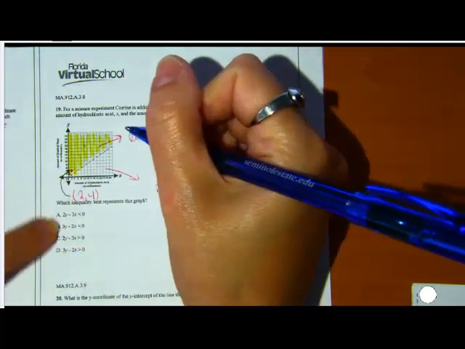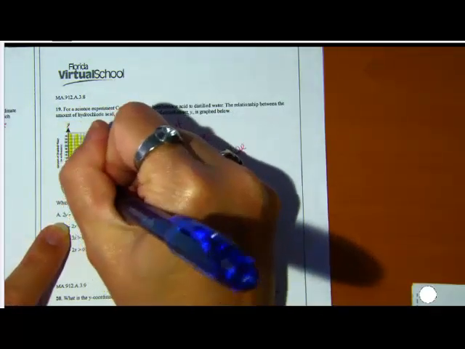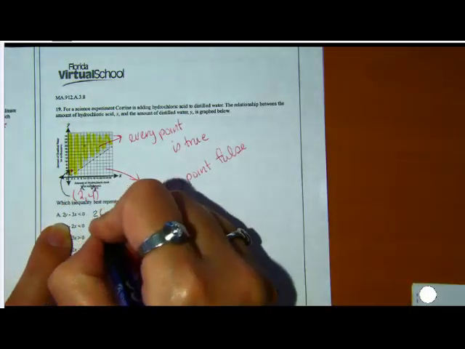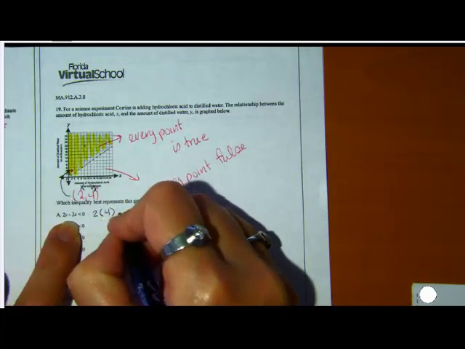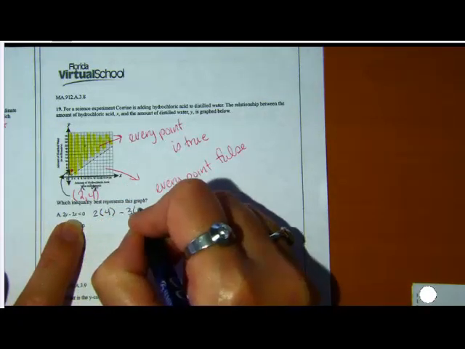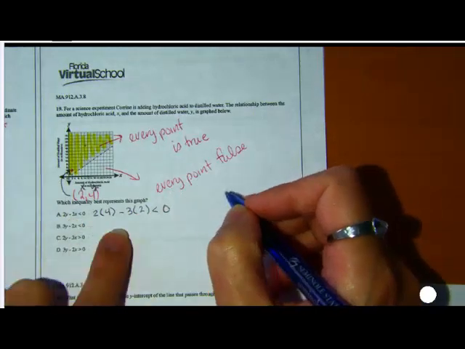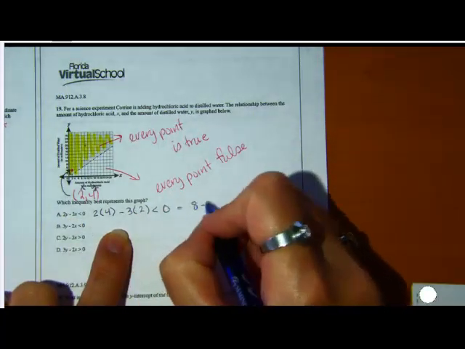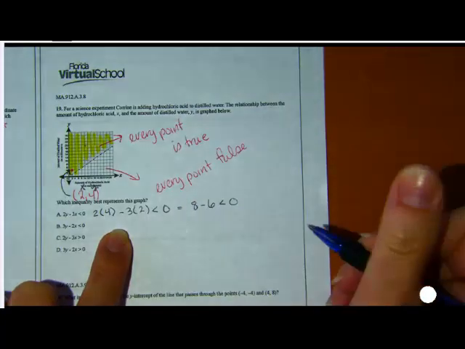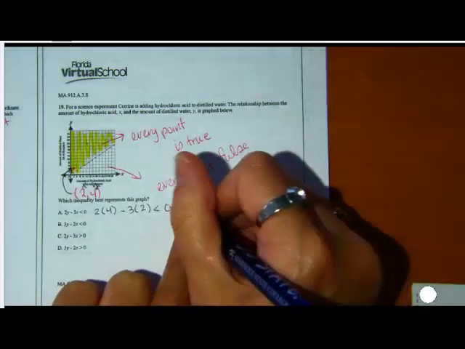So if I picked this point, because it's small, this is x and this is y, so I have 2 times y minus 3 times x has to be less than 0 if this equation is true. So I get 8 minus 6 is less than 0. That's false.